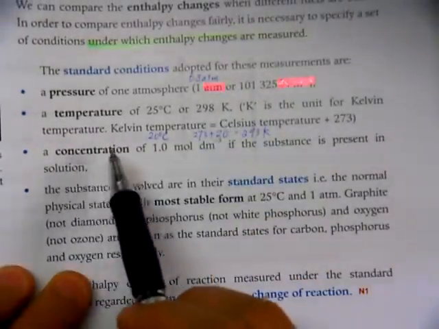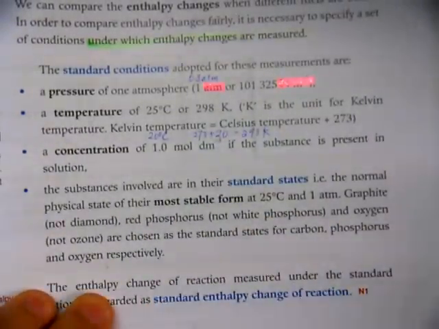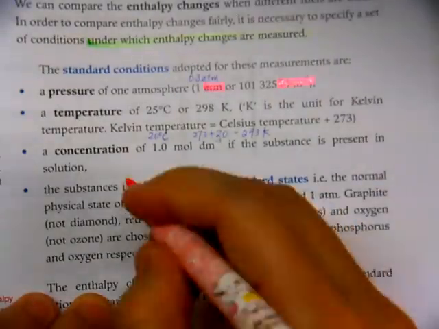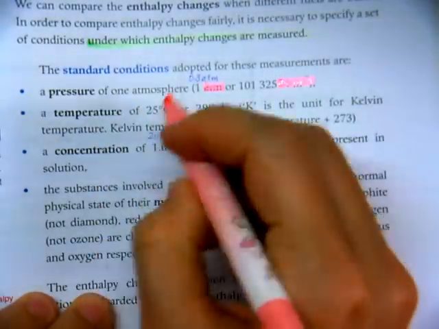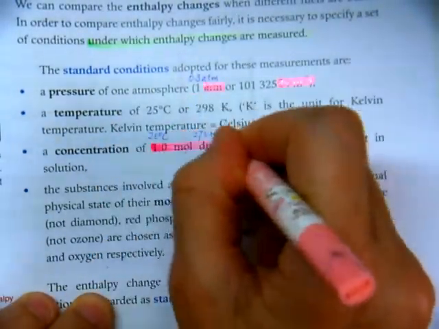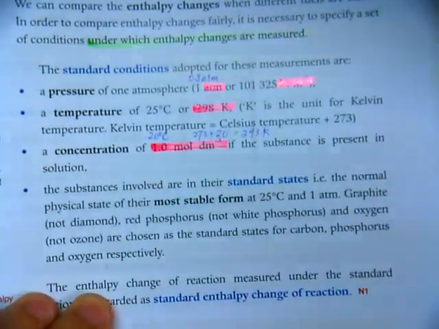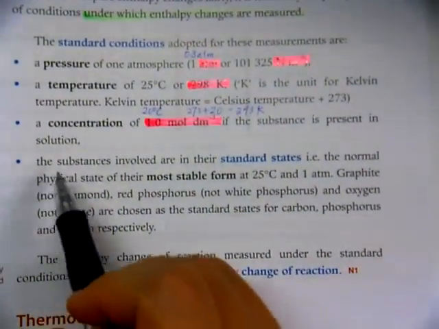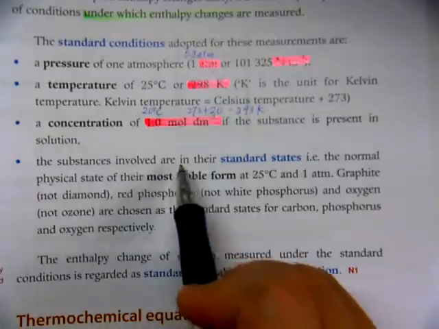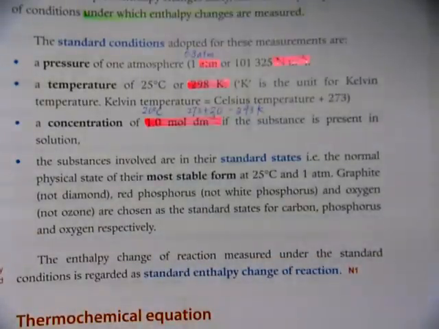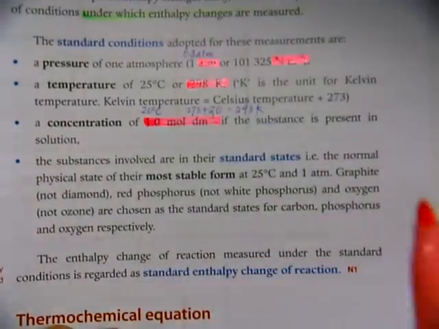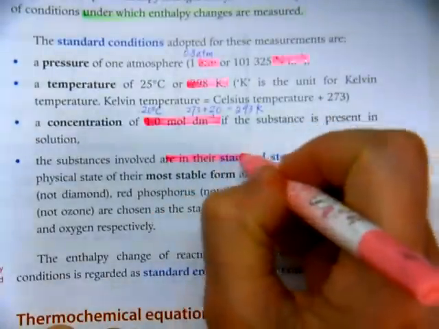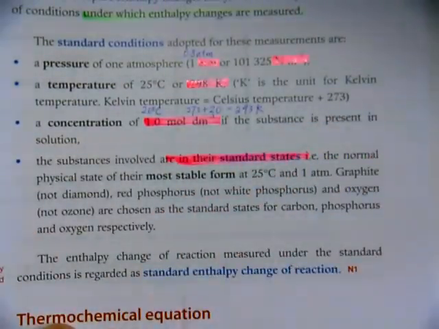Concentration: a concentration of 1 M if the substance is present in solution, at 298 Kelvin. One more: the substances involved are in their stable standard states.